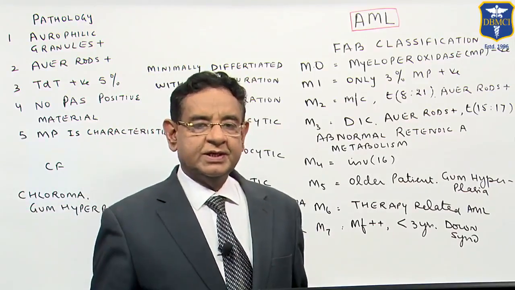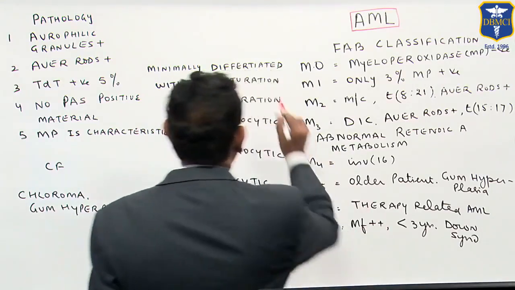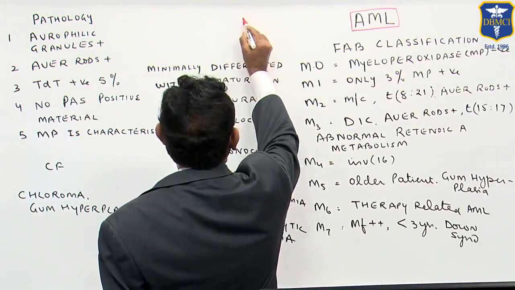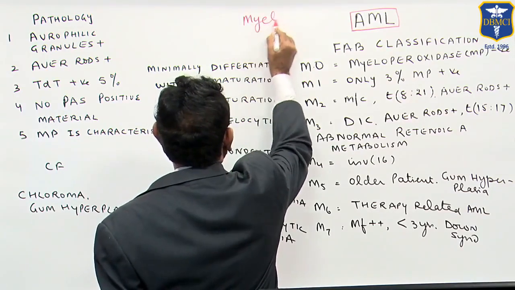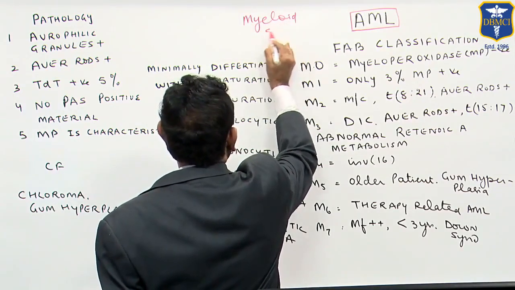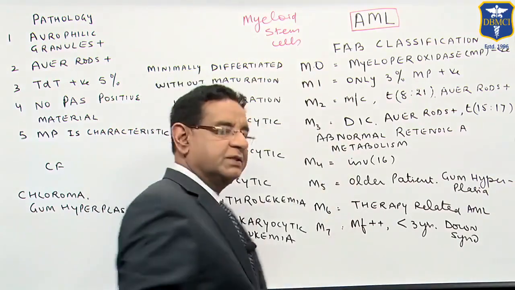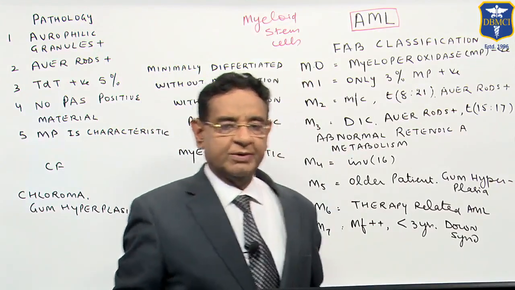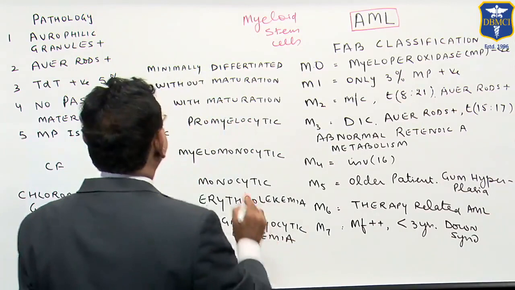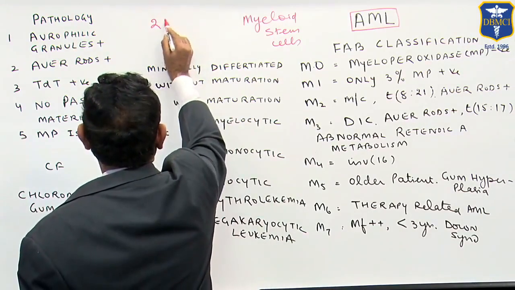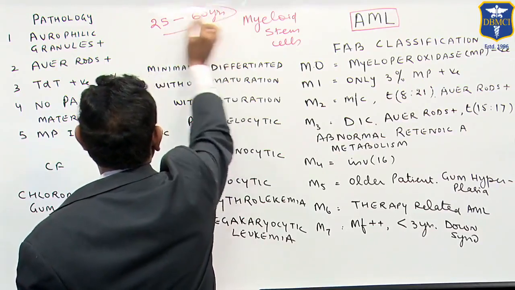AML is the abrupt onset of malignant transformation of myeloid stem cells in the bone marrow, and the common age of AML is between 25 to 60 years.